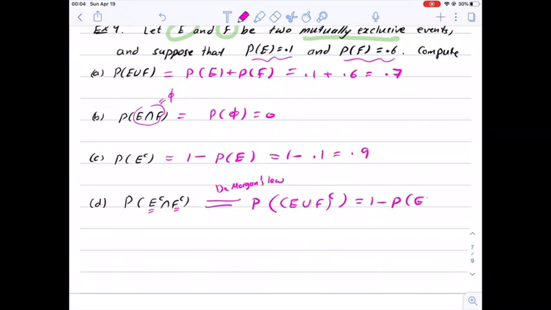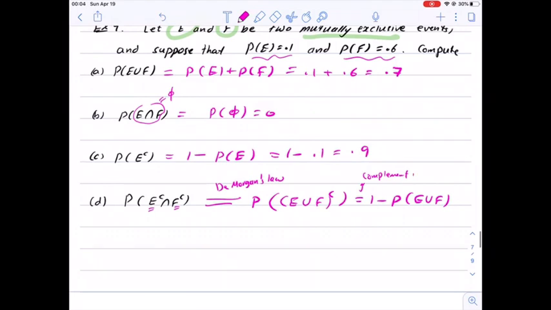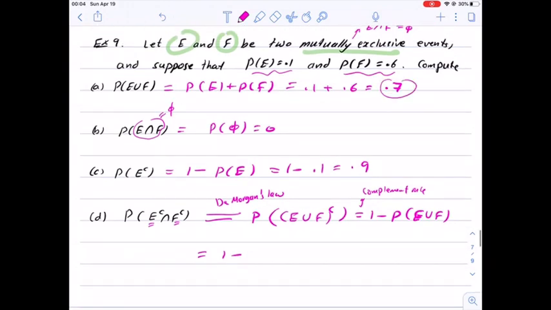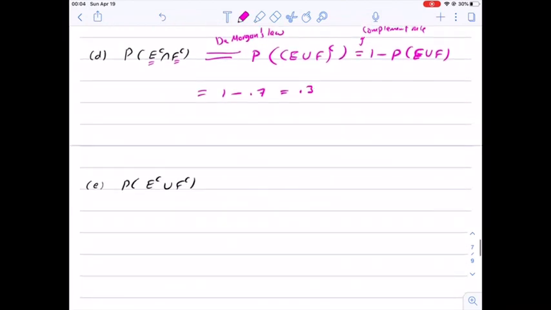And this is 1 minus probability of E union F, applying the complement rule. We already computed this in part A, so it's 1 minus 0.7, and that's 0.3.